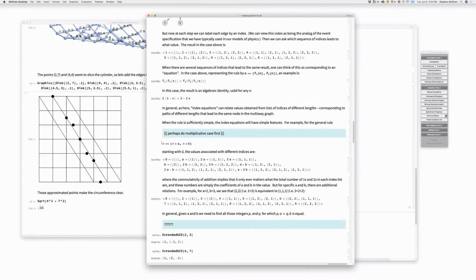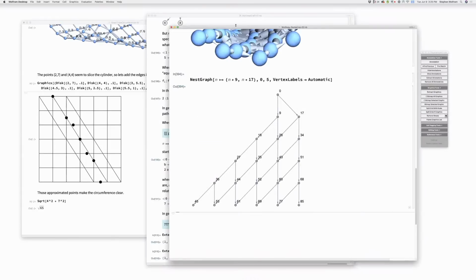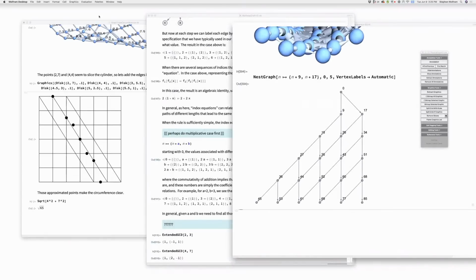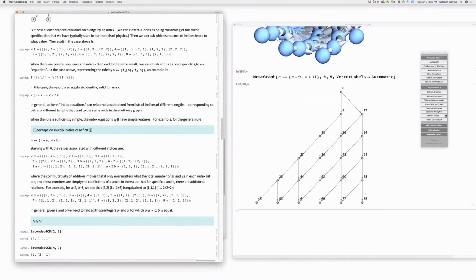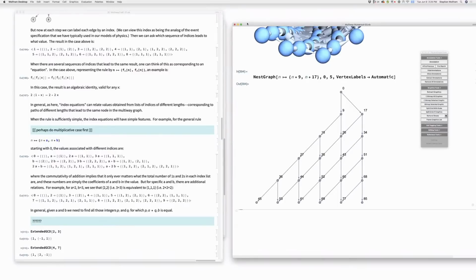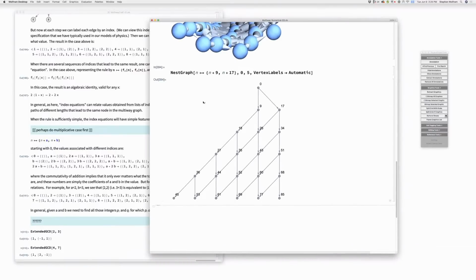Okay, so let's consider the case n goes to n plus a, n plus b. Jonathan, if you were going to pay attention sometime, this would be a good time. So let's imagine that this was the symbolic n plus a, n plus b.